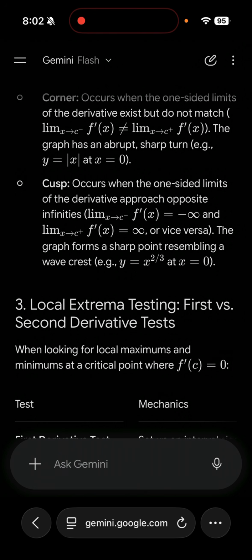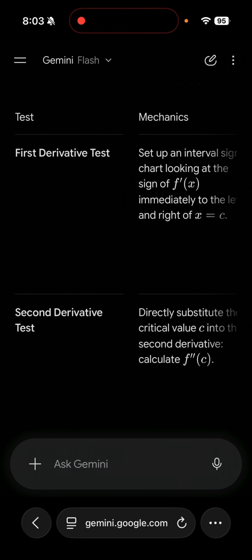A cusp occurs when the one-sided limits of the derivative approach opposite infinities. As x approaches c from the left, the derivative goes to negative infinity, and from the right it goes to infinity, or vice versa. The graph forms a sharp point resembling a wave crest. Example, y equals x to the power of 2 over 3 at x equals 0.